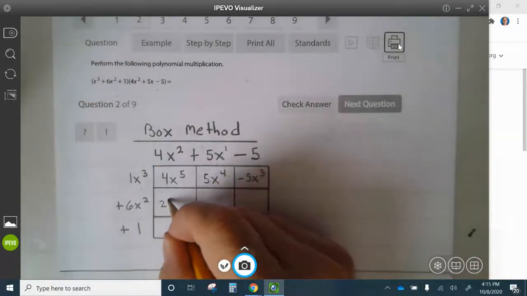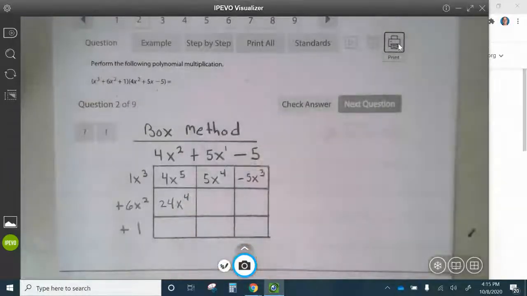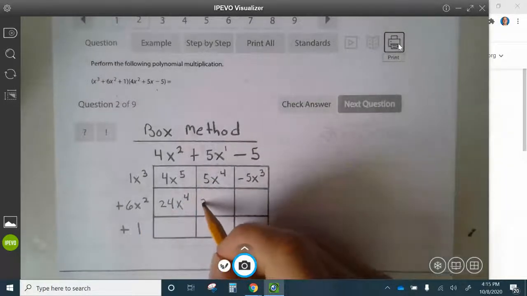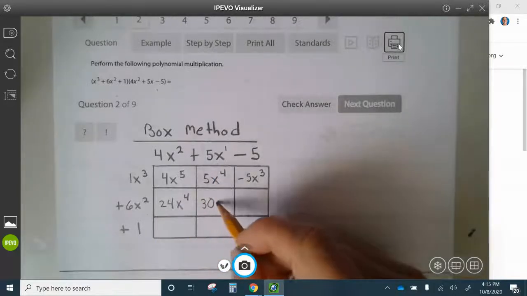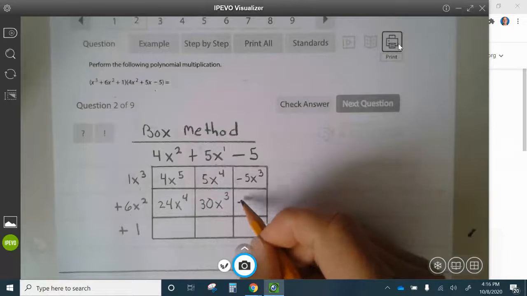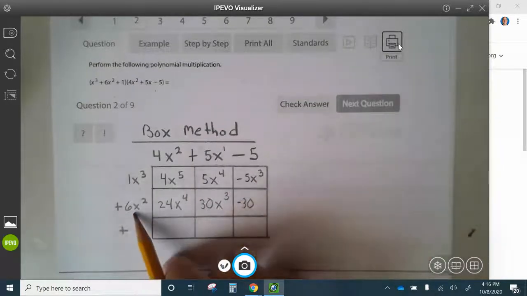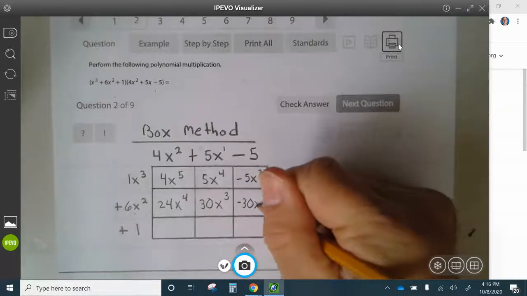And then x squared times x squared is x to the 4th. 6 times 5 is 30. X squared times x is x to the 3rd power. 6 times negative 5 is negative 30. And then 6x squared times negative 5 is negative 30x squared.